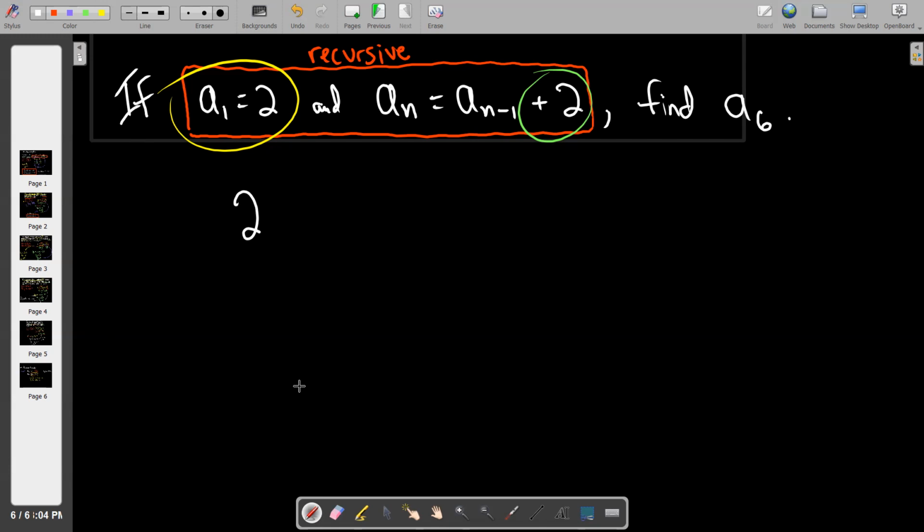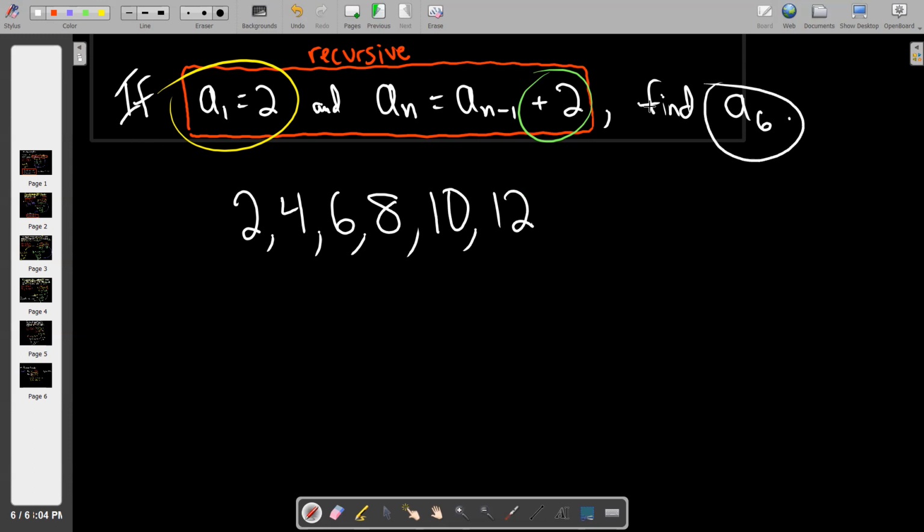Aiden told us. It goes up by 2. So what's the next term? What's the next term? What's the next term? And my friends, I asked you to find the 6th term. That's the 6th term. Its name is also a sub 6. The answer is 12. So recursive sequences in this context are not that bad.